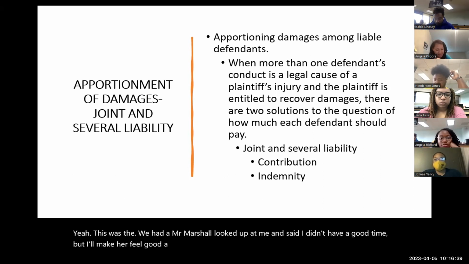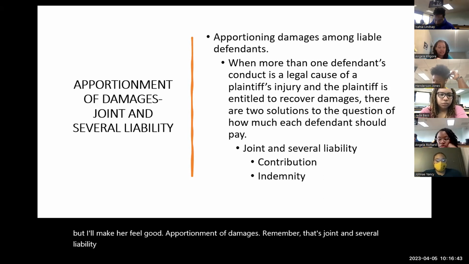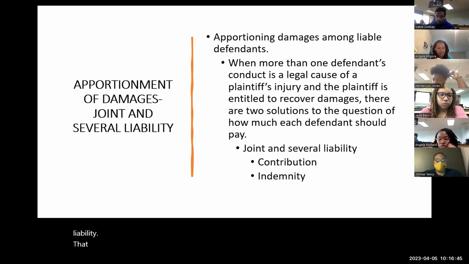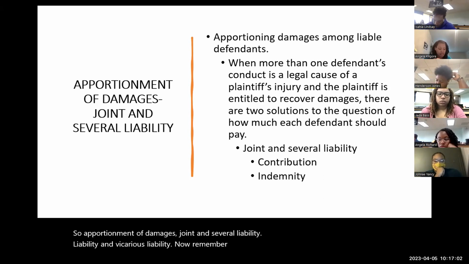Apportionment of damages. Remember, that's joint and several liability, that's several liability, and that's vicarious liability. Now remember, vicarious liability has two prongs.